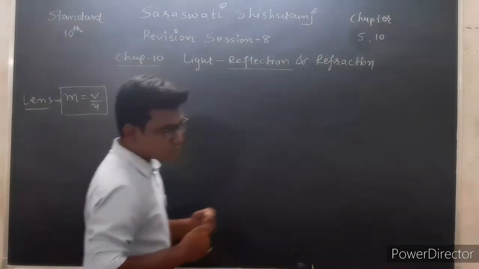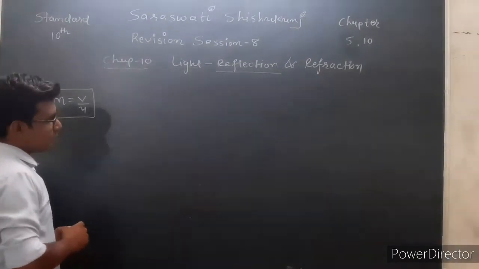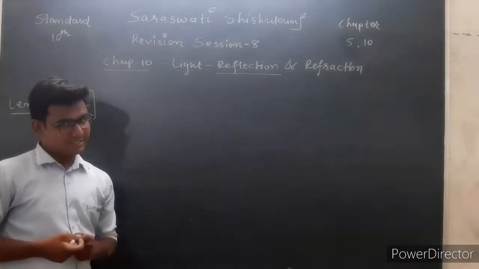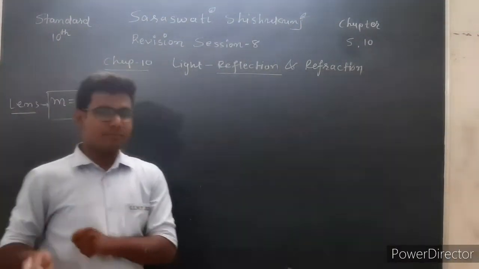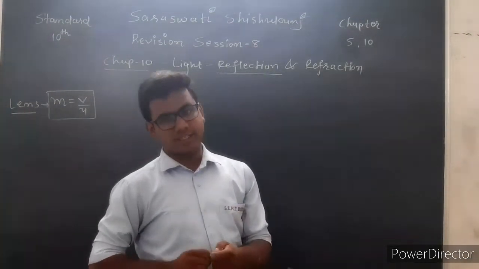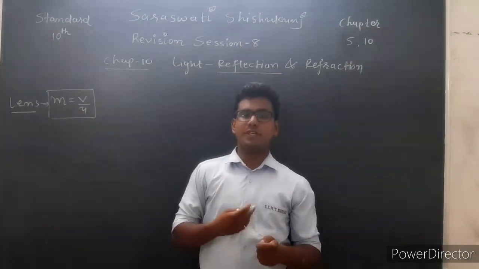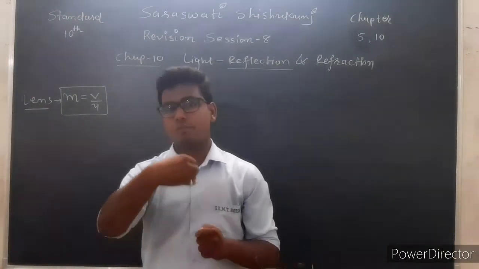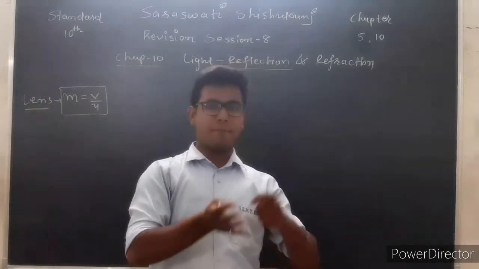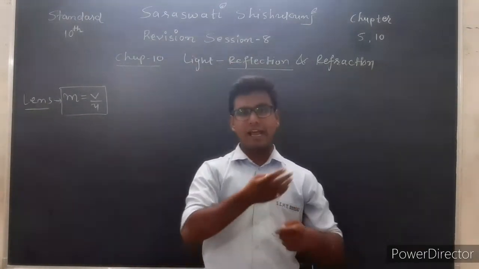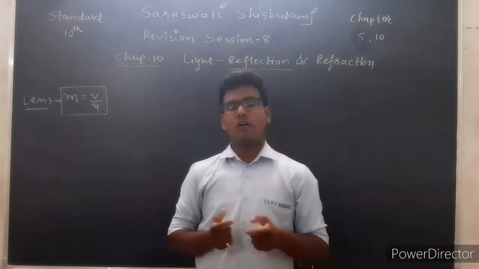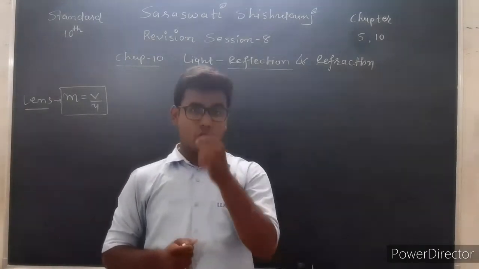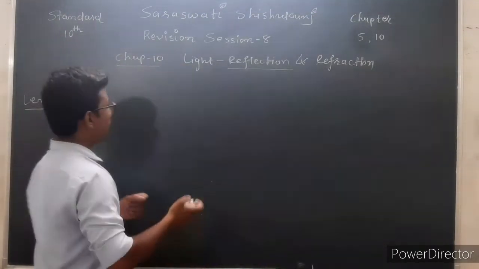Also, there is one most important topic that we know, the image formation by lenses. In different cases like mirror, there will be 6 cases for convex lens and 2 cases for concave lens. That you are going to do by yourself, that is your self-study. In previous lectures we have explained it, in revision sessions of chapter 10 also we have explained it. So hope you will enjoy that drawing very well.